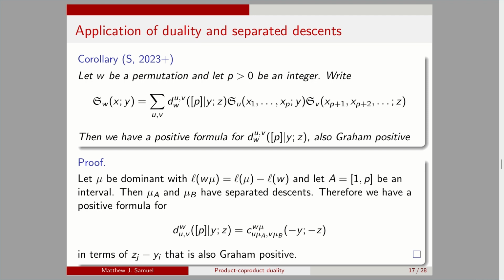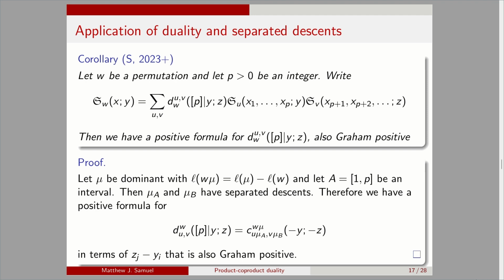So the coproduct that we get here is when we split the indices into two intervals. So we're taking A to be 1 through p, and B to be p plus 1 to infinity.